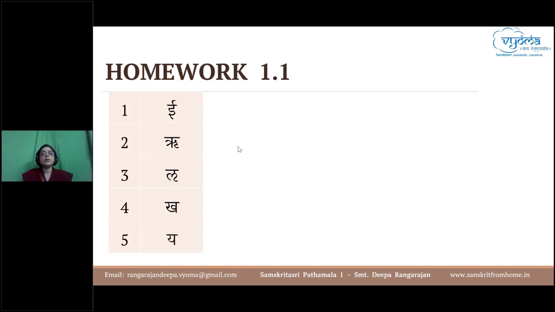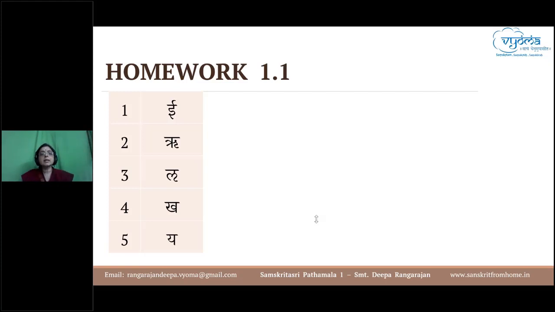Why only ka, kha and pa, pha do we have jihvamuliya and upadmaniya? Actually, this concept of jihvamuliya and upadmaniya we won't be using right away because we won't find any words with that symbol right now. When we go to an advanced stage, we will be using it.